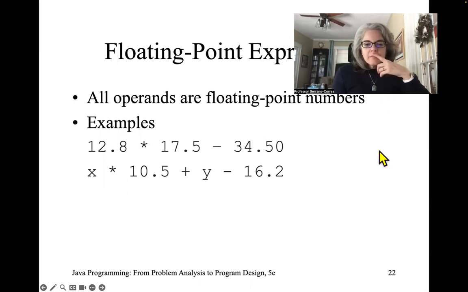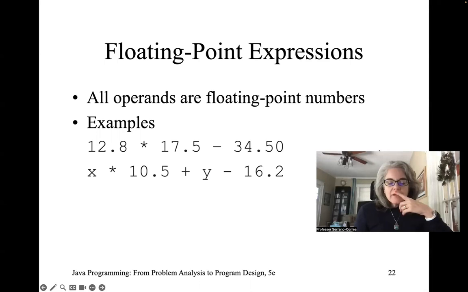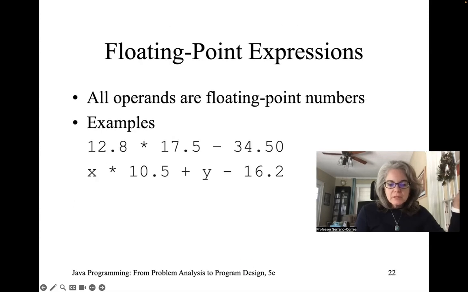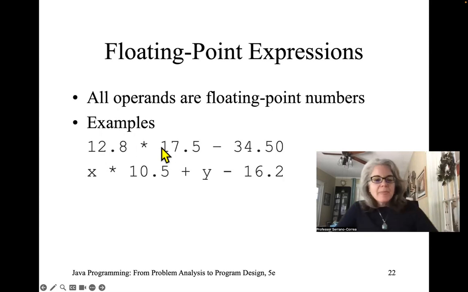All operands are floating point numbers. In this example, it's just showing you how we're adding all floating point numbers. And in this example, we would multiply first and then subtract.